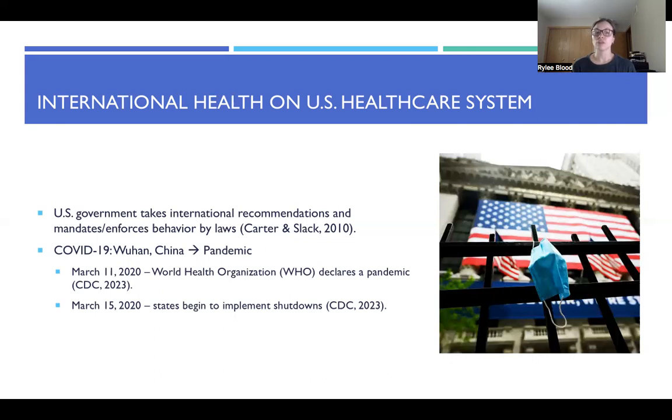But on March 15th of 2020 is when most states began to implement those shutdowns. We took the World Health Organization recommendations and nationally enforced behavior to promote social isolation and quarantine if having symptoms, essentially just to improve the health and prevent the spread among United States citizens.